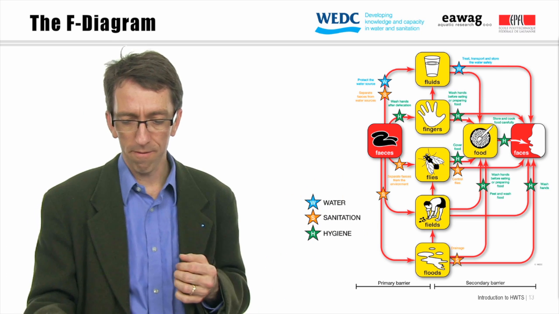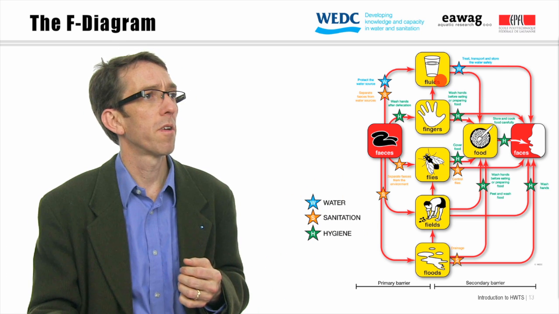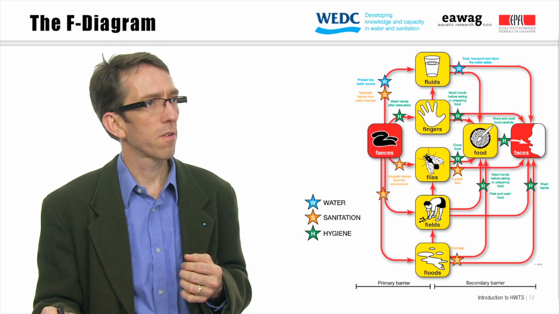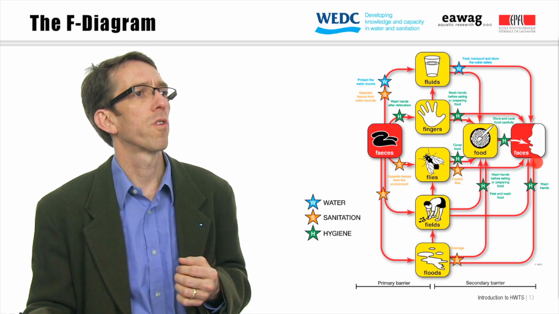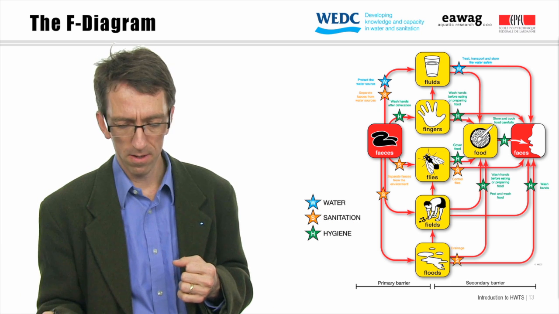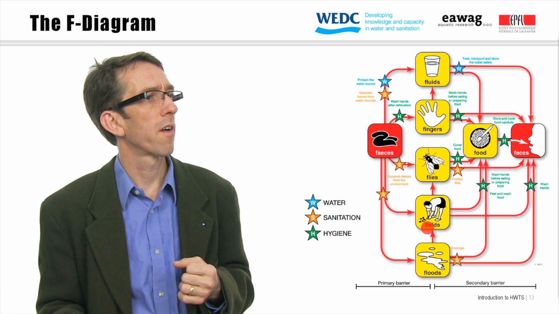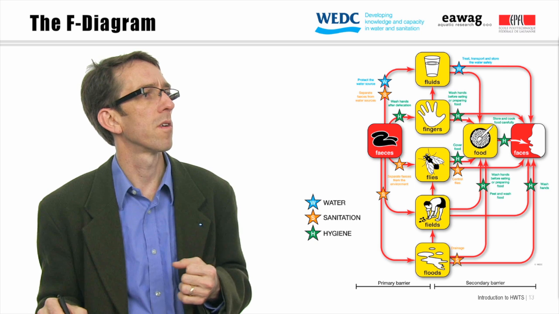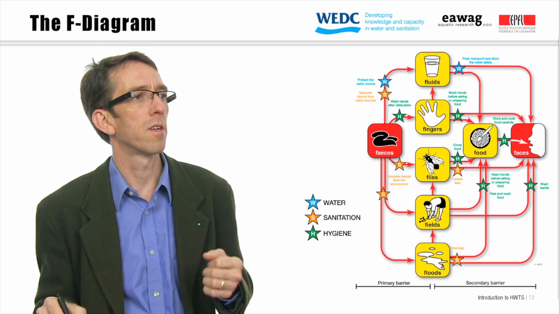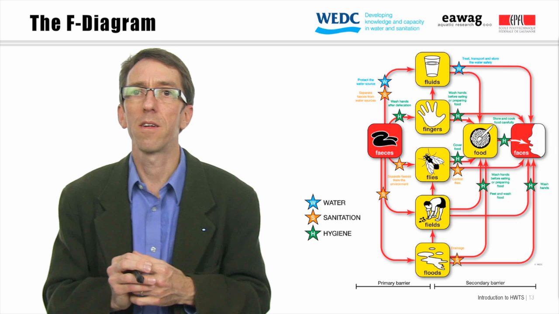Besides the fluids, you have fingers, which can directly contaminate fluids or foods or faces, and also flies. Remember the trachoma, which is caused by flies landing on faces. Fields, where having poor sanitation is a major risk factor. And flooding, again, if there's poor sanitation, can lead to exposure to pathogens.